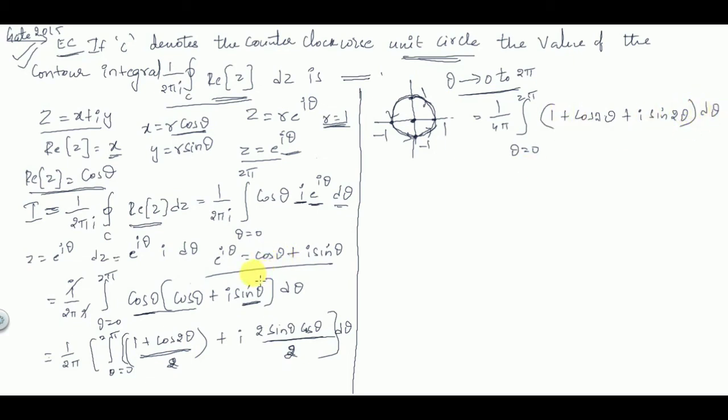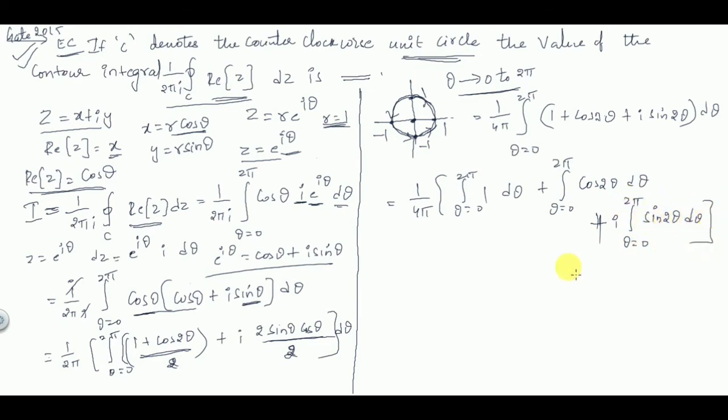Okay, so this is what you have, right? So this can be written as 1 by 4 pi into integral from 0 to 2 pi of 1 d theta, plus integral from 0 to 2 pi of cos 2 theta d theta, plus i into integral from 0 to 2 pi of sin 2 theta d theta.